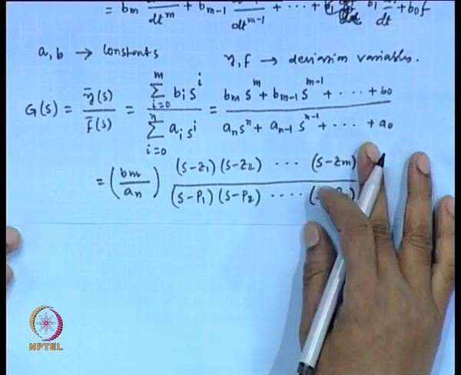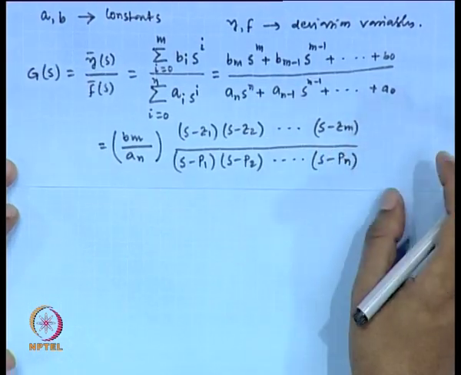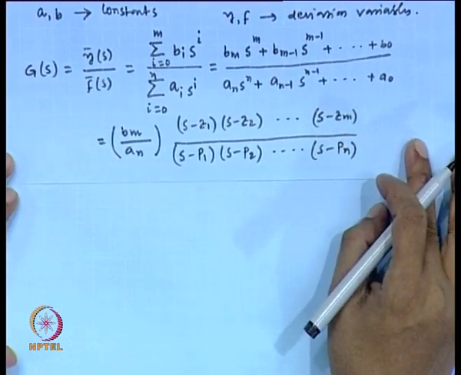Fine. This is the general form of a transfer function. Here all z represent the zeros and p represents the poles.